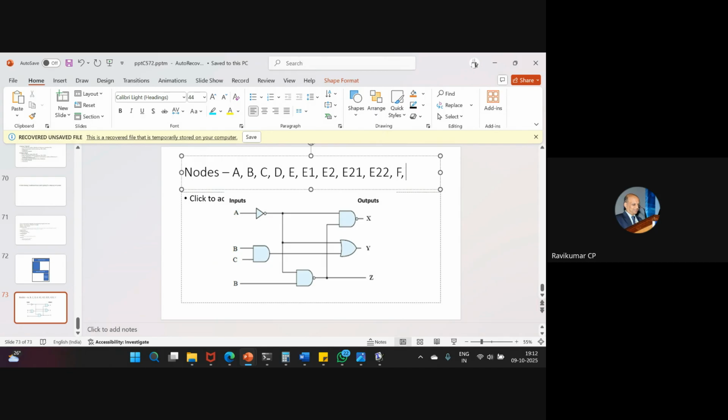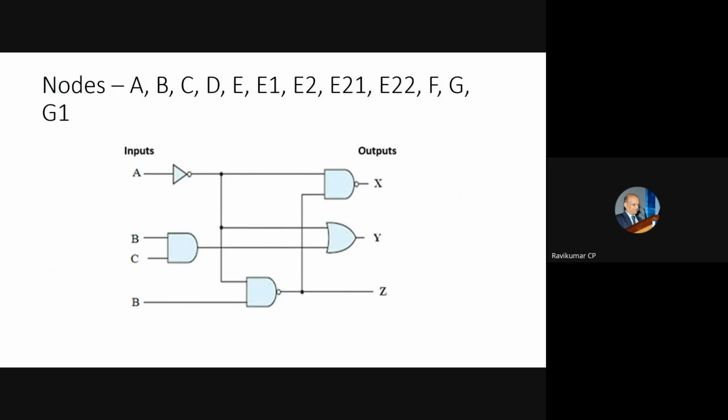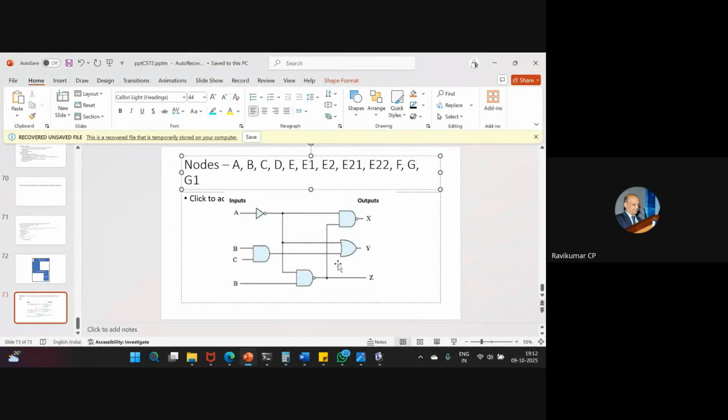And then F, which is the output of the AND gate. Then maybe G is output of the NAND gate. Then G1 is the branch of that NAND gate output. The other one is already named Z, so we can leave it there. So in addition to that, X, Y, Z are also there.